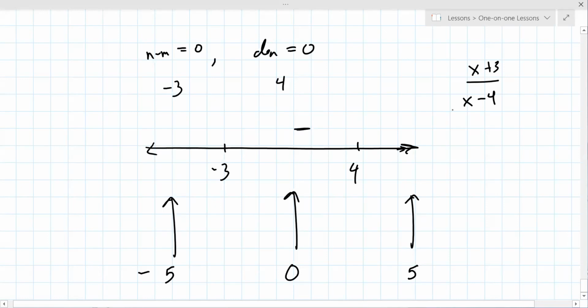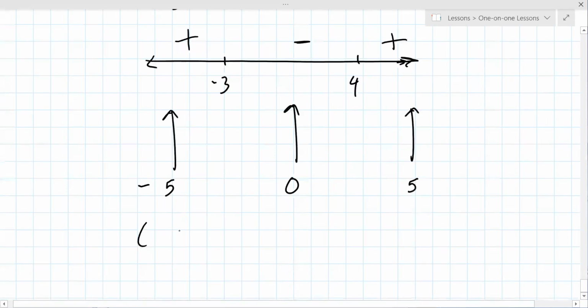At 5 it's a positive over a positive, so it's positive. At -5 you get a negative over a negative, which makes a positive. So the answer is from negative infinity to -3, union 4 to infinity.